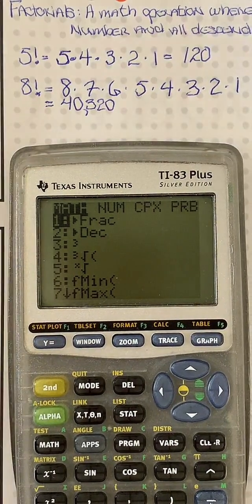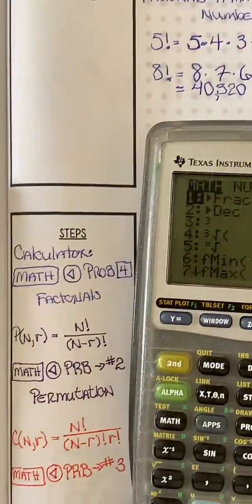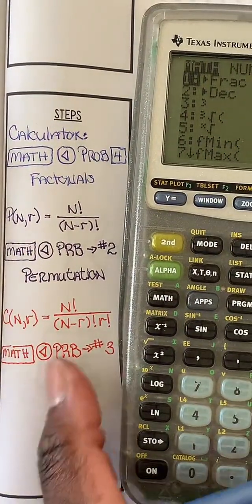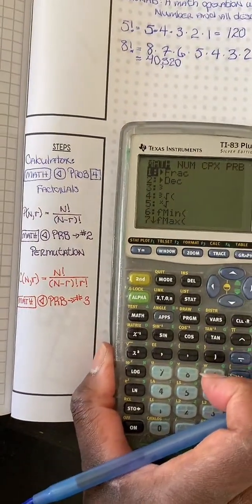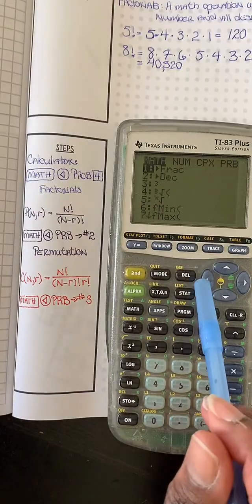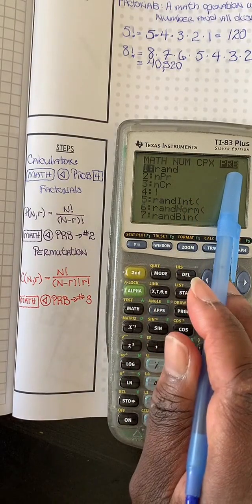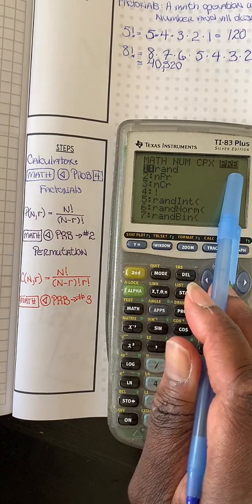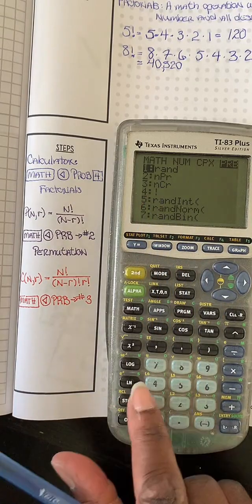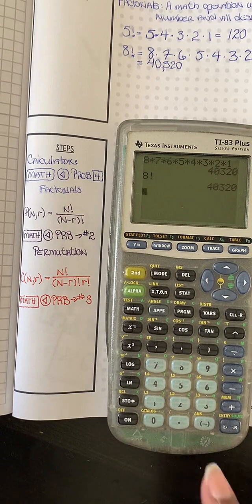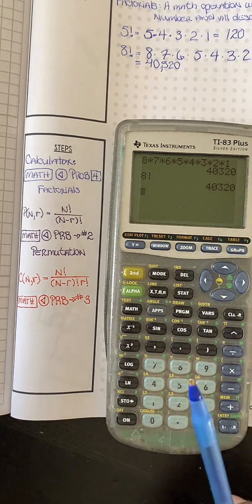Let me unzoom so you can see what's happening. I'm going to hit the left arrow because that will get me to the probability menu so much quicker. And you notice at number 4, there's your factorial. Then hit enter, and boom, there's your answer.